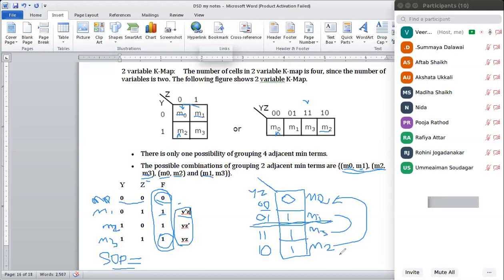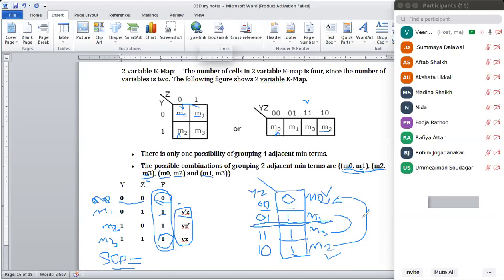Now what will happen? I will not make a group of M0 and M2, because these are two different values. M0 is 0, M2 is 1.